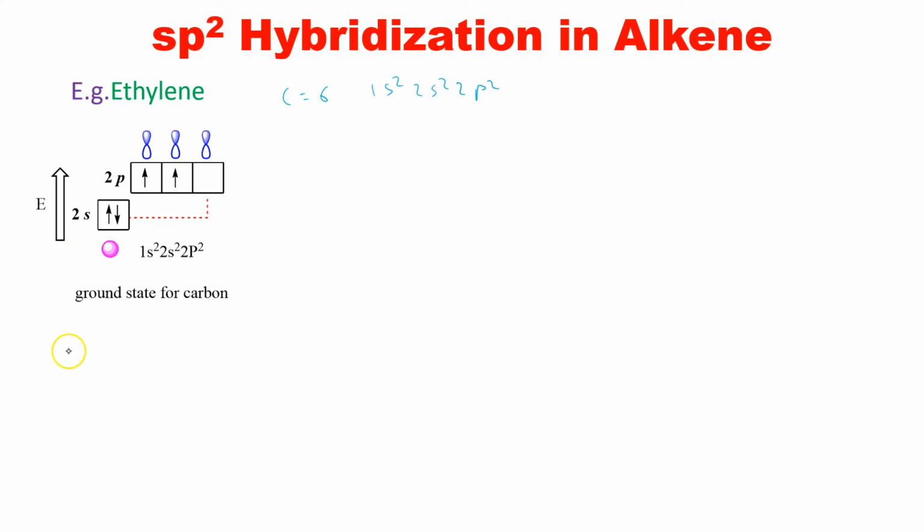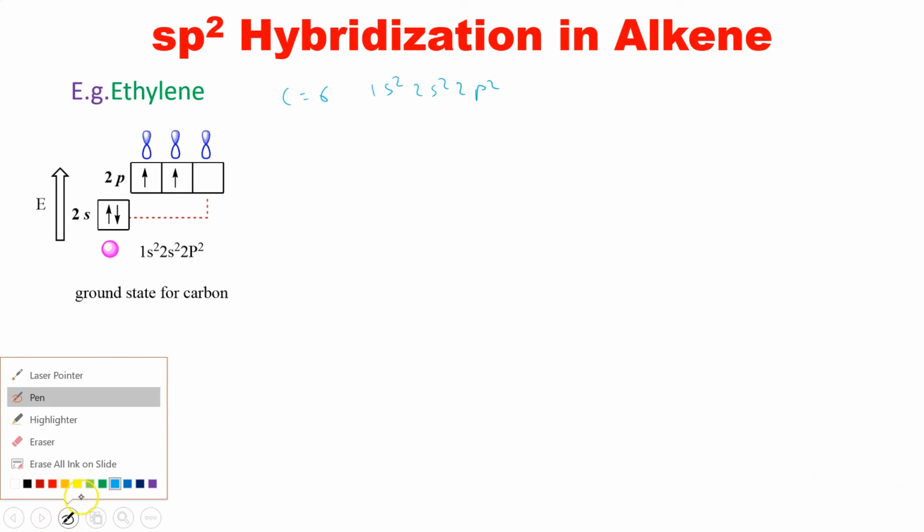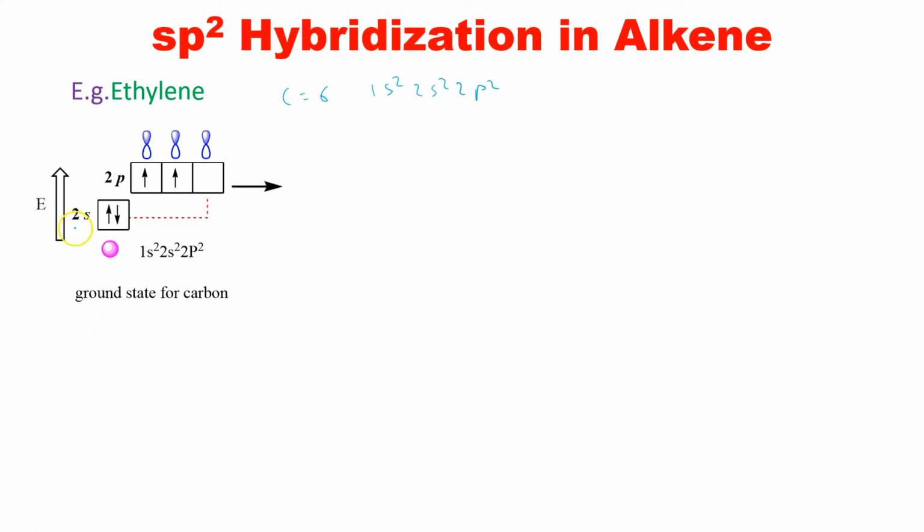In the ground state, you can see that the energy level of 2s is lower and 2p is higher, because it is in the outer shell, and p is the last orbit. Now one of the electrons will go from 2s to 2p.